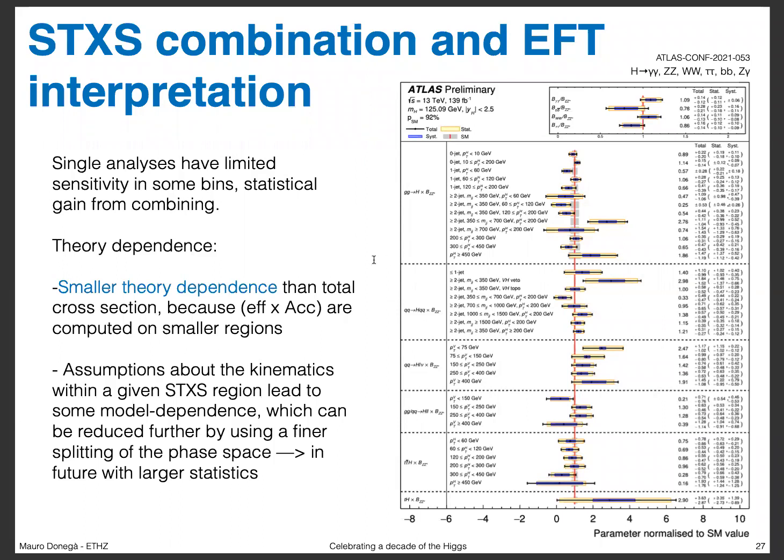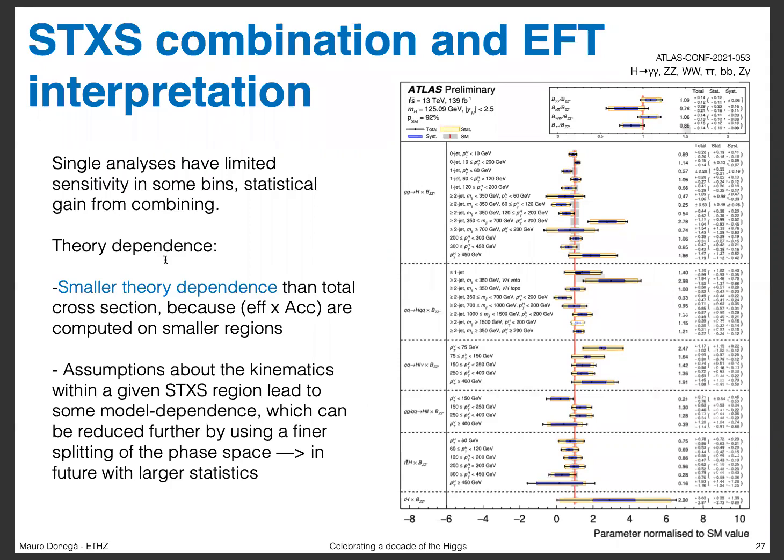it's because there are some messages to take from this, especially on the theory dependence. So a measurement like this will have a smaller theory dependence than the actual total cross-section, simply because now the efficiency times acceptance are computed in each of the bins.